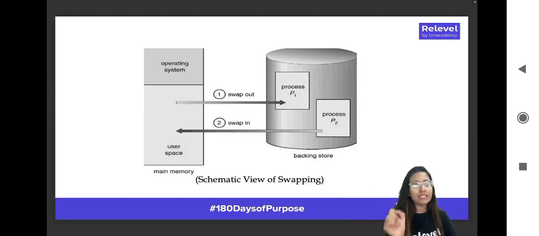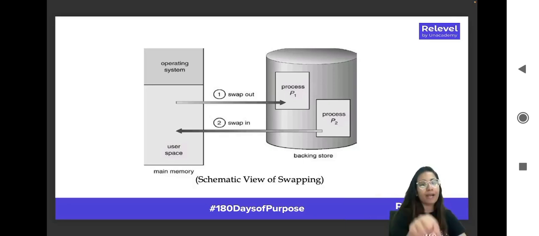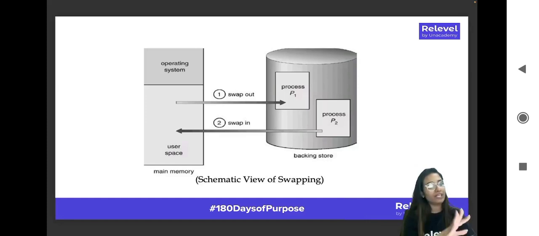So what happens is you have process P1 and process P2. Let's say process P1 was initially in memory, but some higher priority process P2 came in, which wants to get executed first. So we swap in process P2 into primary memory, and process P1 is swapped out of the memory based on the priority of the process.